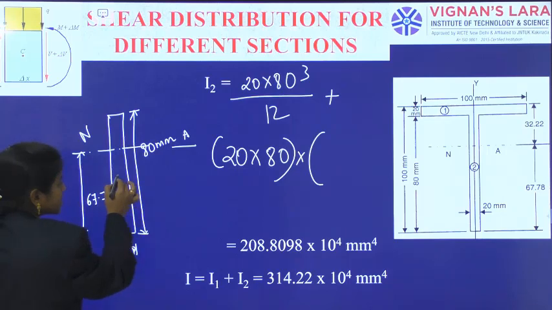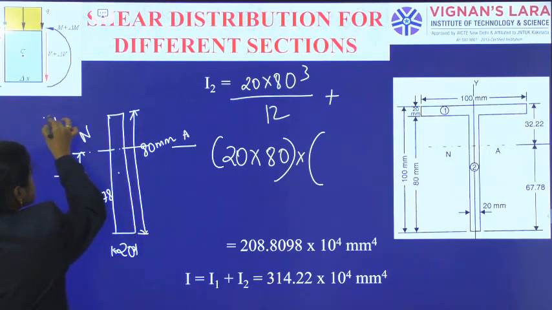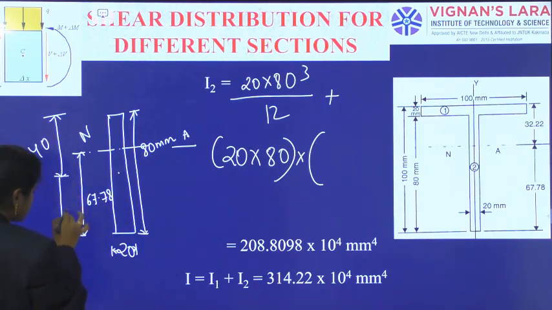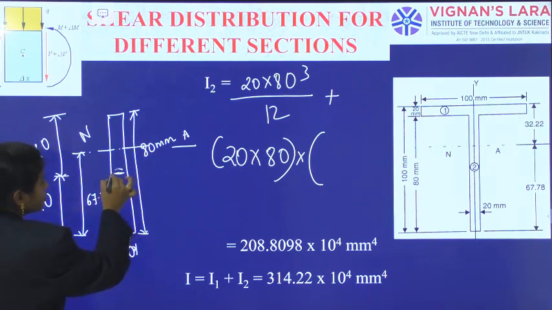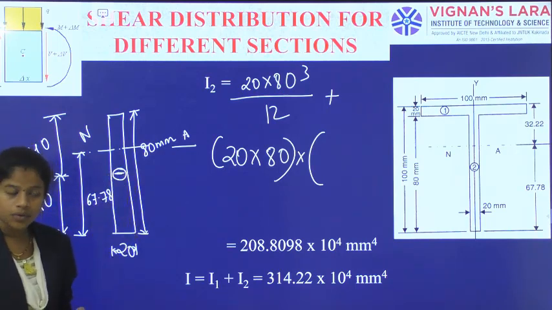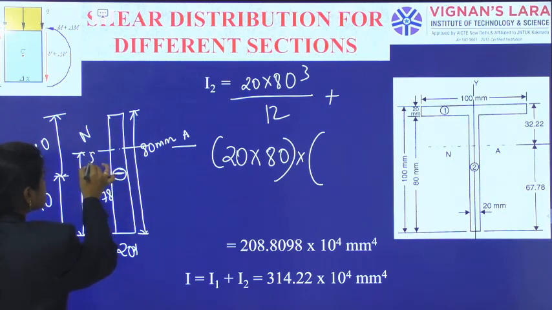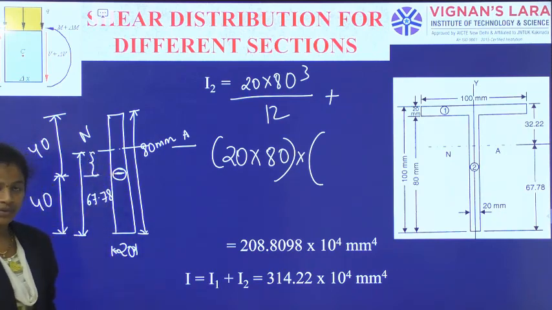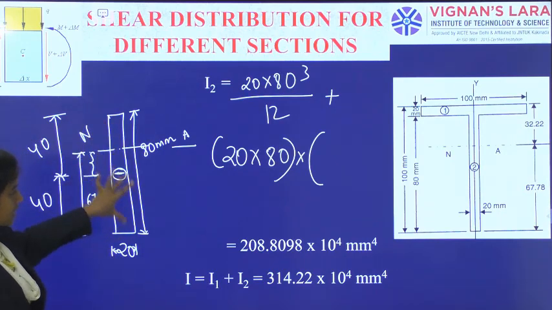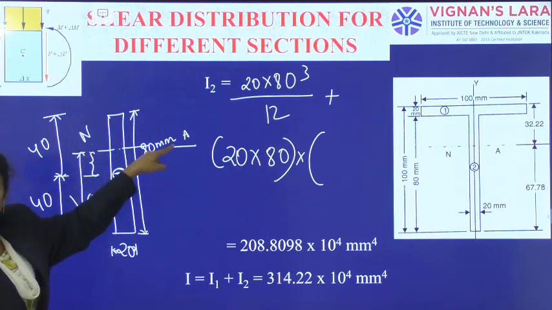So this section has a centroid like this, at 40 from top and 40 from bottom. This is the centroid location. Now what is the perpendicular distance between these two, the centroid of the section and the neutral axis of the overall section?